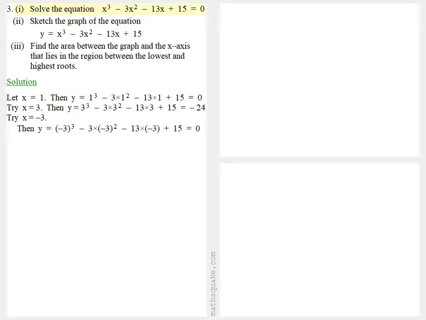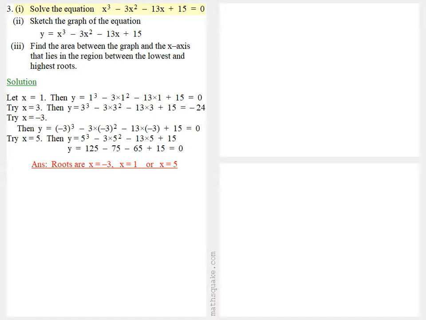So minus 3 is a root. And if we try x equals 5, then y is equal to 5 cubed minus 3 times 5 squared minus 13 times 5 plus 15, which is 125 minus 75 minus 65 plus 15, which is 0. And so we have the roots are minus 3, 1 and 5.